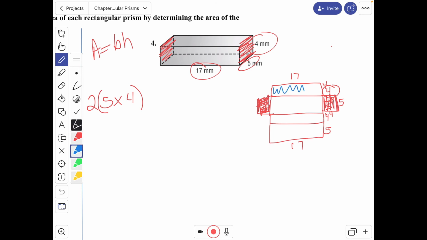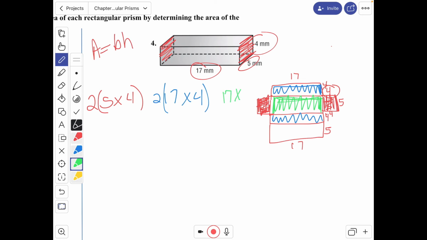And then this right here, the base would be 17 and the height would be 4. So 17 times 4, and there's going to be 2 of them, so times 2. And then this, which is 17, and the height is 5.